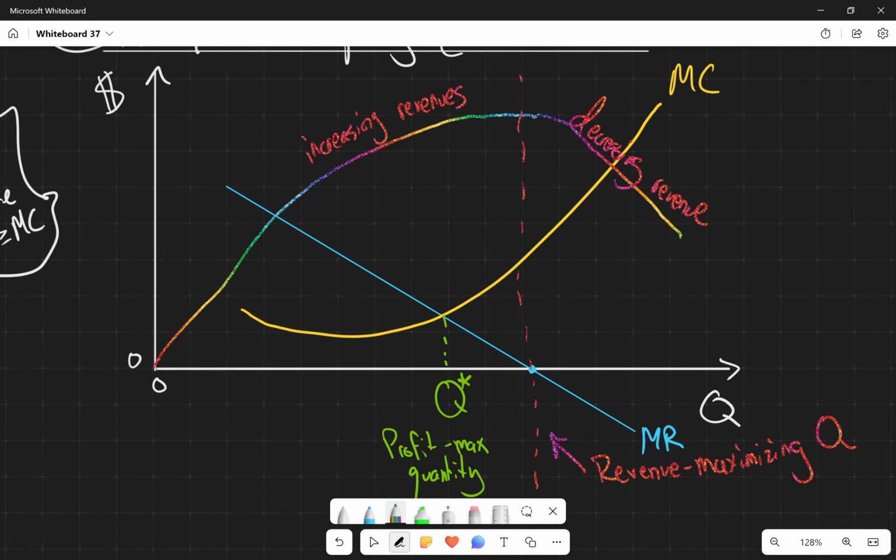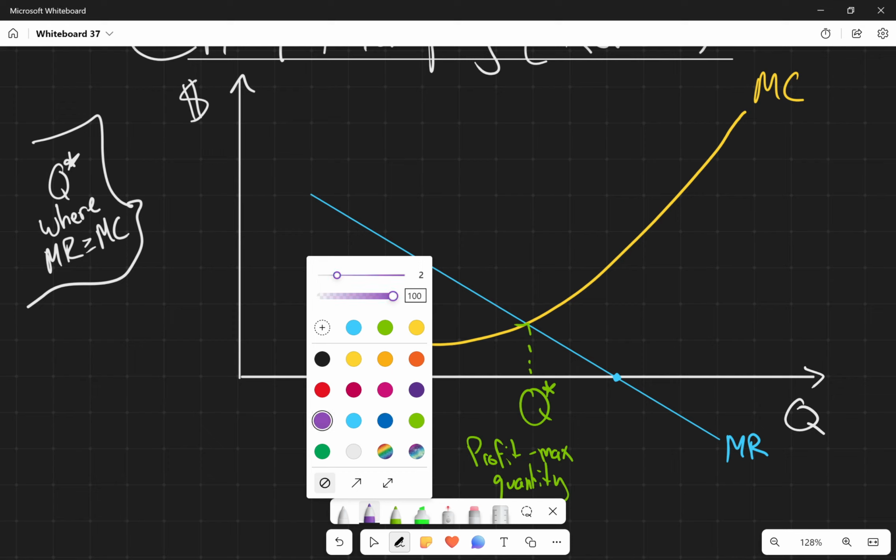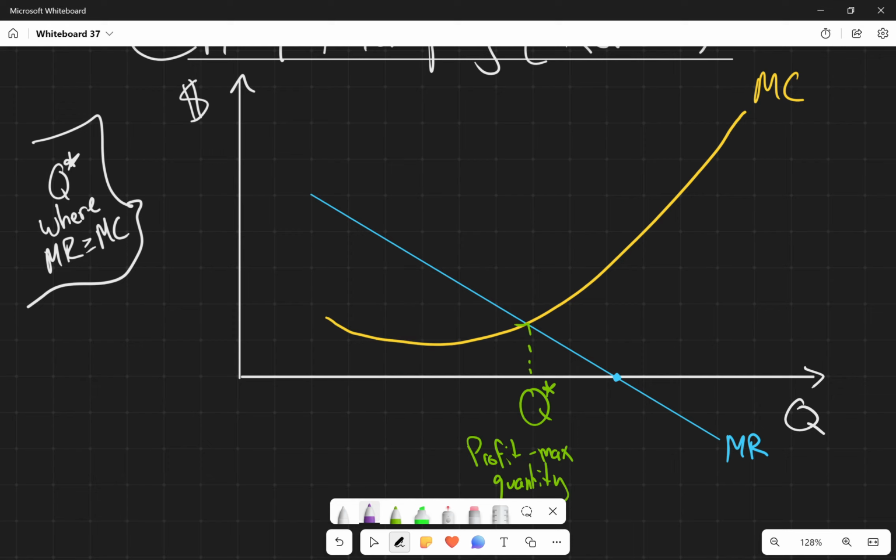The reason for that is that since we're not in perfect competition land anymore, since we have a marginal revenue that is significantly sloped, that means that instead of having a demand curve that is exactly the same as the marginal revenue, now we're going to have a demand curve that looks something like this.